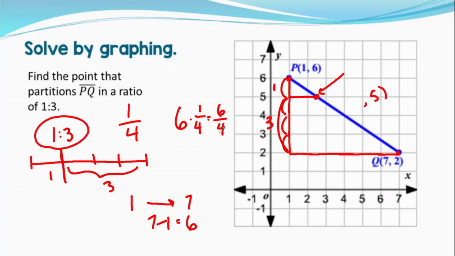And reduce that fraction, and you've got 3/2. So that's 1.5. So I'm going to start here, and I got to go 1.5 to get to the X coordinate. So that would put me at 2.5. And that would be the point that partitions that.